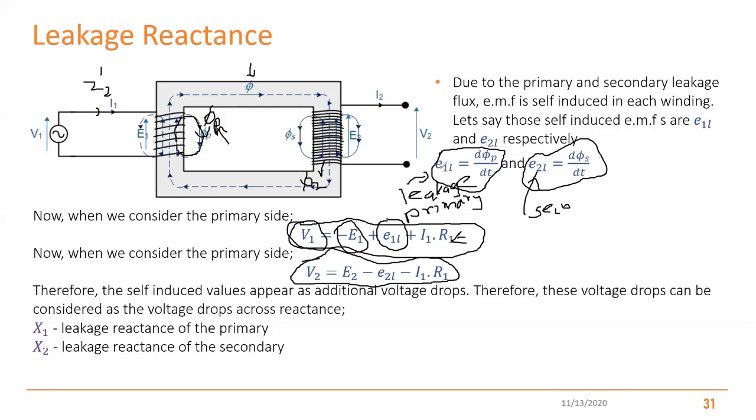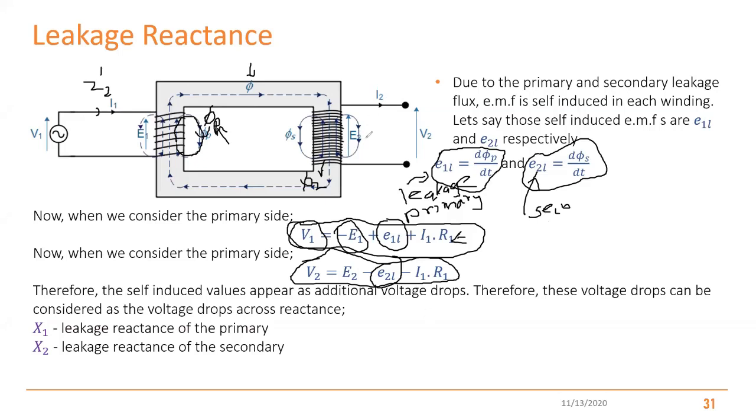I thought there was a little mistake in this diagram, but in fact there's no problem; the diagram is fine. You can understand that E2L, the leakage induced EMF in the secondary, is opposing this current flow.